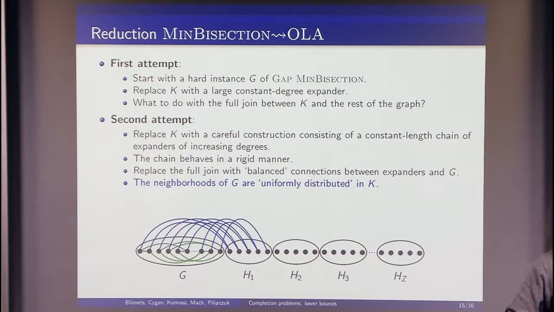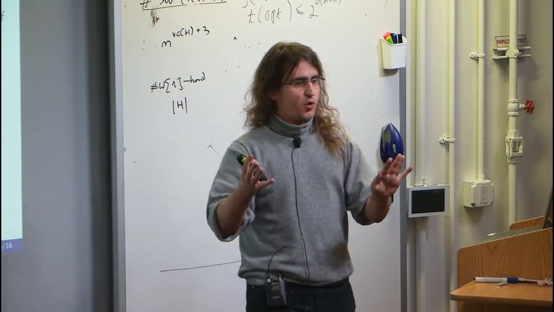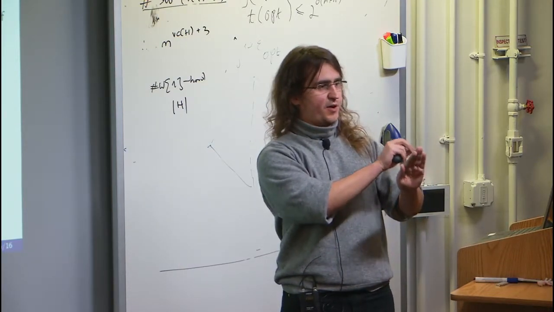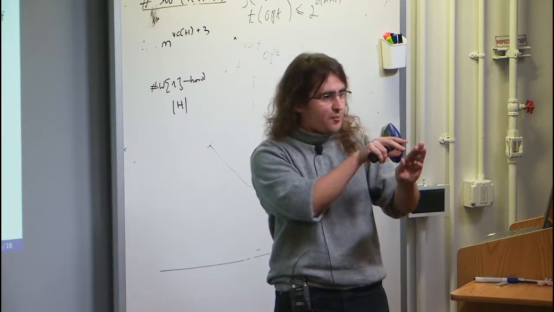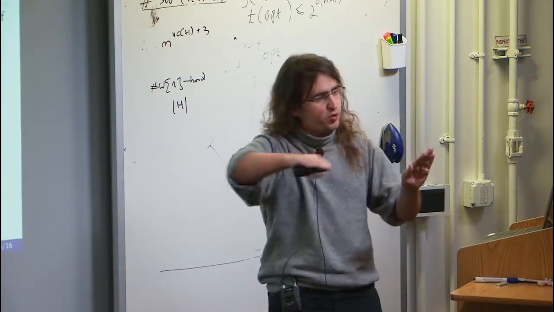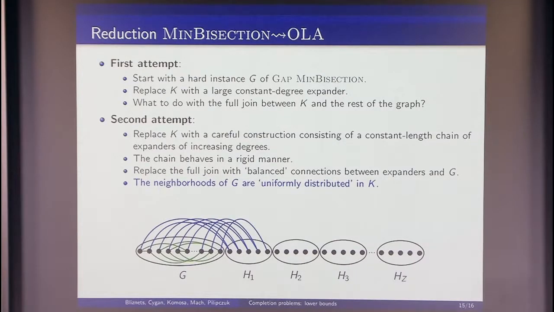So when we had a clique and a full join, everybody from all the sides just saw the whole clique. And what we really want to do in the reduction is that whenever I have a vertex, it doesn't see just a part on one side of the expander. This neighborhood should be uniformly distributed in the ordering. Yes? So this is more or less what we do.